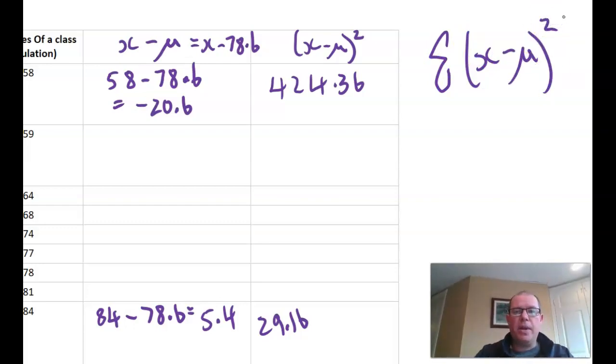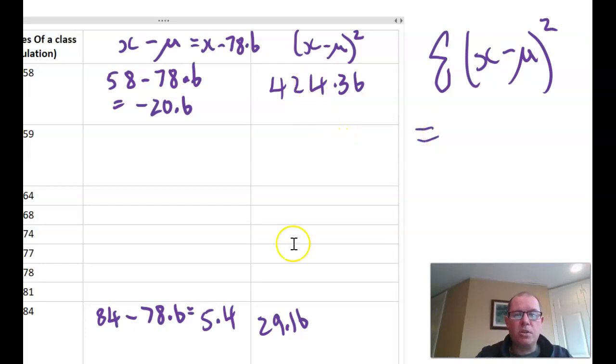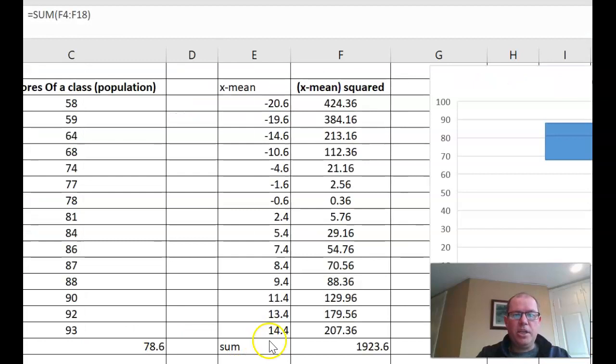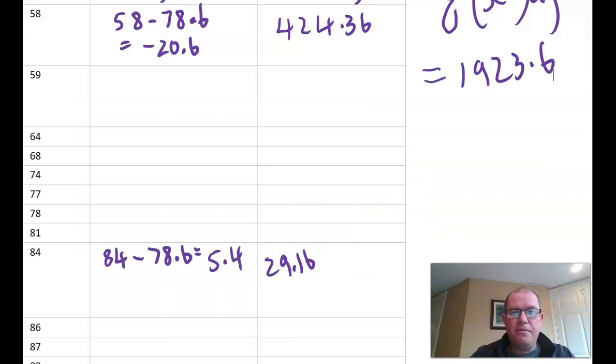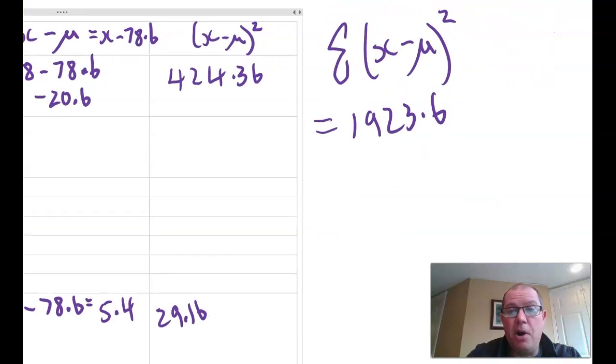And that's the number that we're interested in in this case, and Excel worked it out for us, which would be the sum of this whole column. And you can see that the sum of the distance from the mean all squared was 1923.6, which we can see in the OneNote here. Now the variance formula is given by that for a population.